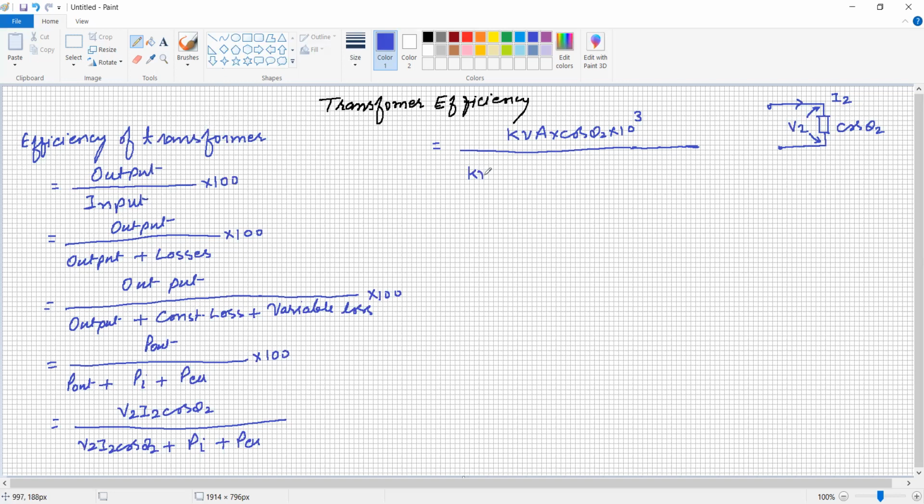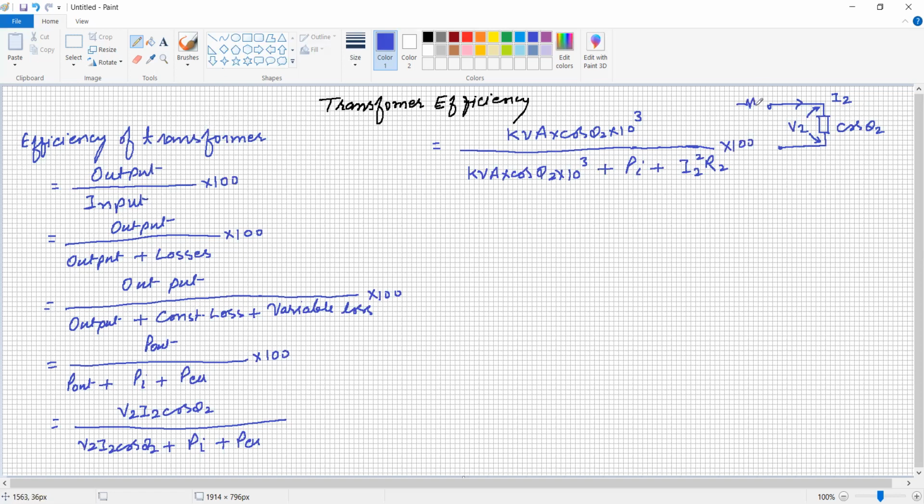So kVA into cos theta 2 multiplied by 10 raised to 3 plus Pi, the iron loss, plus the copper losses, I2 square R2, where R2 is the total resistance referred to the secondary side.